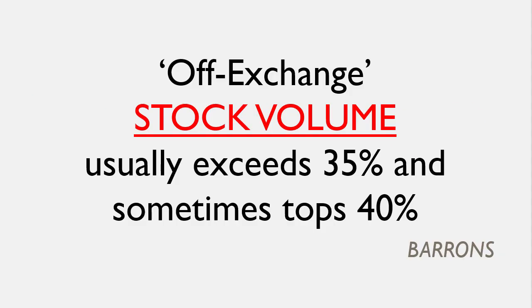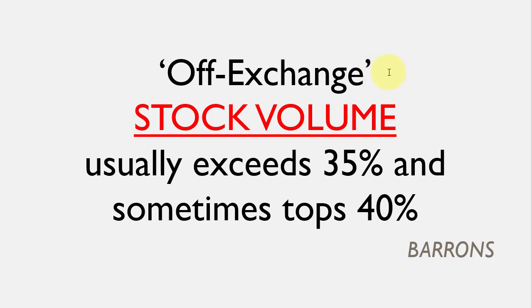Barron's came out and said this: off-exchange stock volume usually exceeds 35% and sometimes tops 40%. Now what this means, off-exchange is going to be dark pools. A dark pool might be an exchange between a group of banks that nobody can trade on except those banks and those banks' clients.